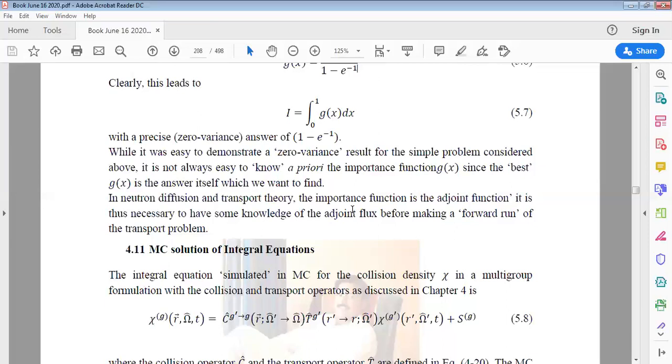There you use the adjoint function as your Lagrange multiplier, as the importance function, and numerically optimize, obtain the best distribution of material, whatever you're trying to do, and that's a wonderful design optimization. If you do that in the deterministic sense, excellent. If you can do that in the stochastic sense, then excellent also.